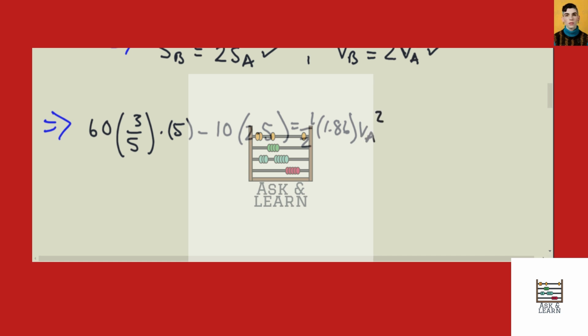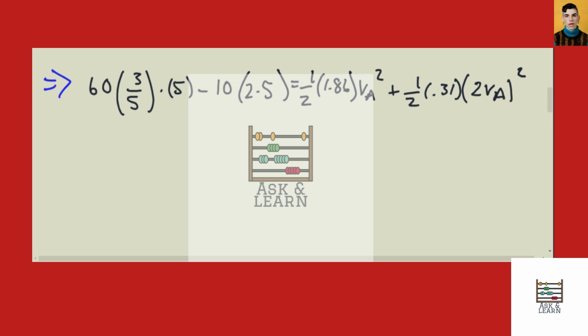VA is what we're looking for, plus 1/2 times 0.31 times, and then VB becomes 2 VA, so it's 2 VA squared.